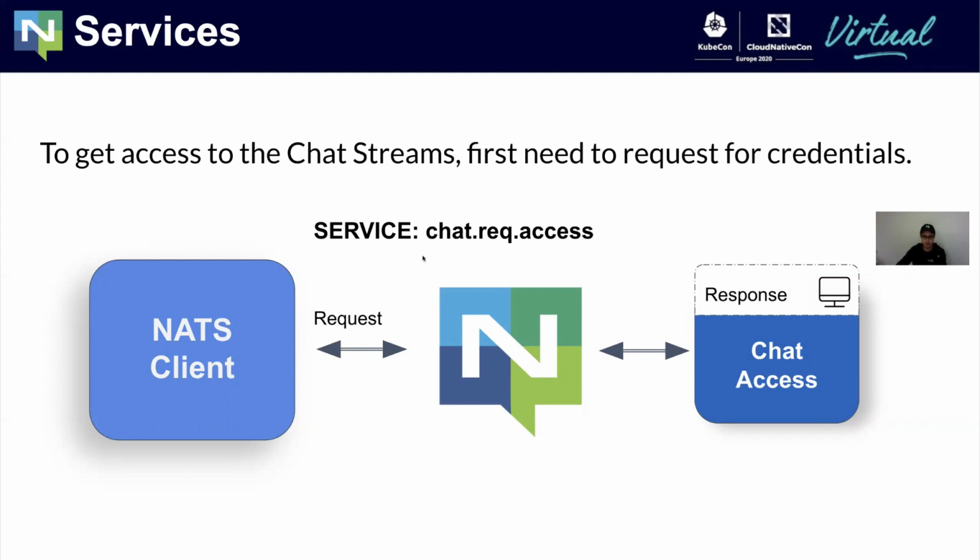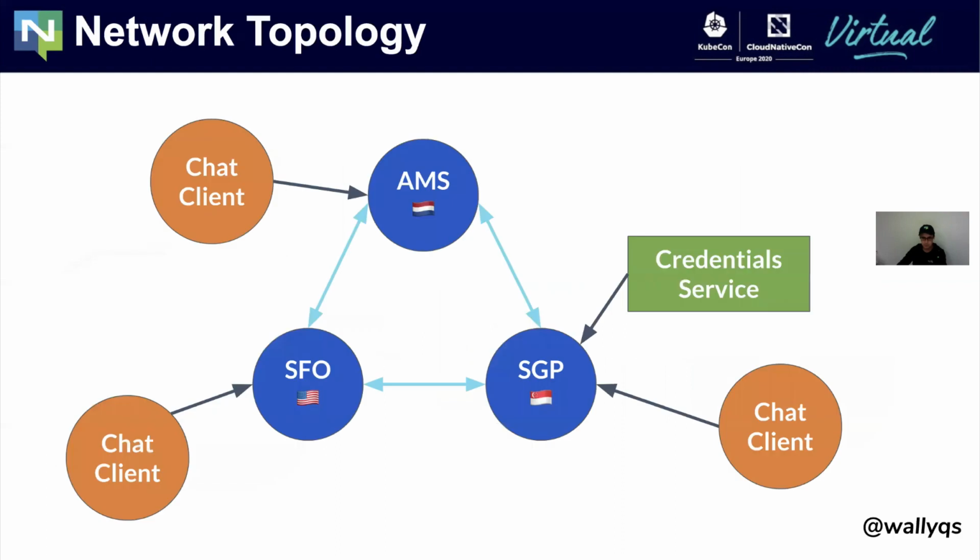There's going to be a single subscriber, part of this NATS cluster, that whenever you make a request with some payload, in this case the username, you can make a request to chat.rec.access to get some ephemeral unique credentials for that user, and those are going to be generated on demand for each one of the users.